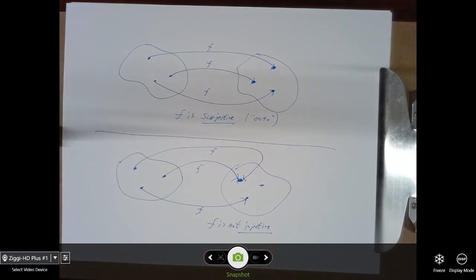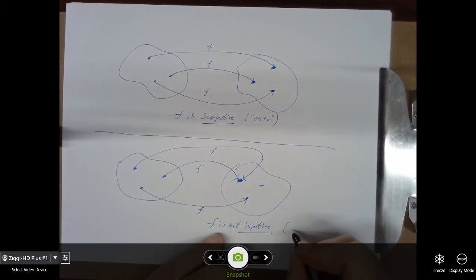So an injective function means that different points map to different values. If 2 points map to the same value, it's not injective. If every point maps to a different value, it is injective. And we sometimes call this one-to-one.